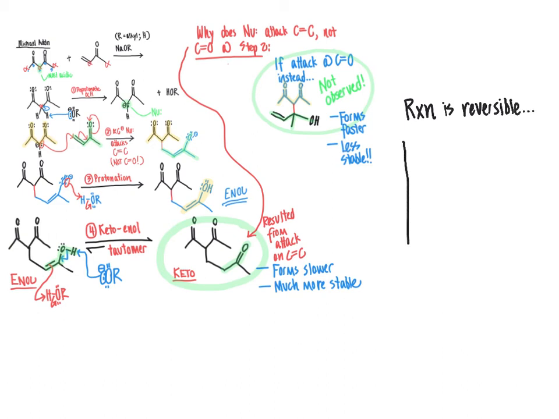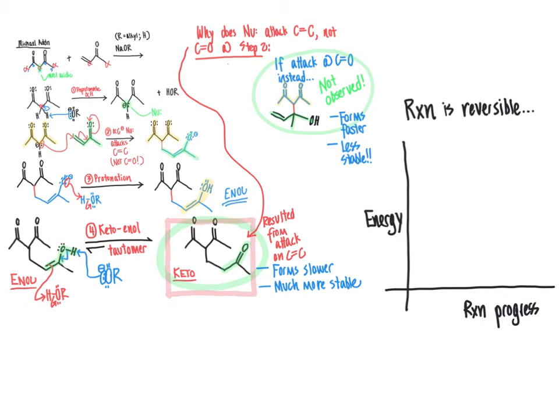What happens is if we build an energy plot with the reaction coordinate or reaction progress and the energy on the y-axis, the pathway leading to each of those two products, if we look at the keto product, which I'll put this red box around, it'll correspond to the red plot that I am going to show you here.